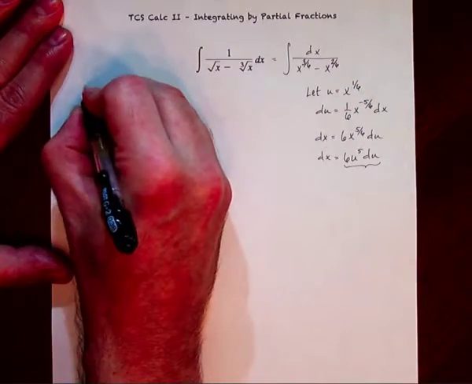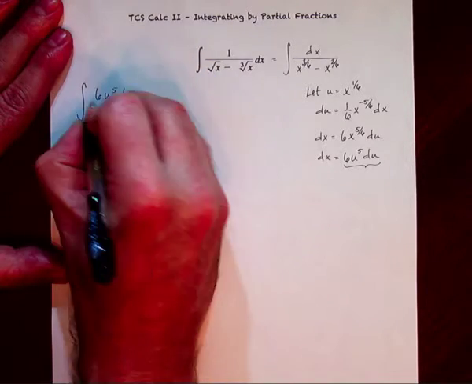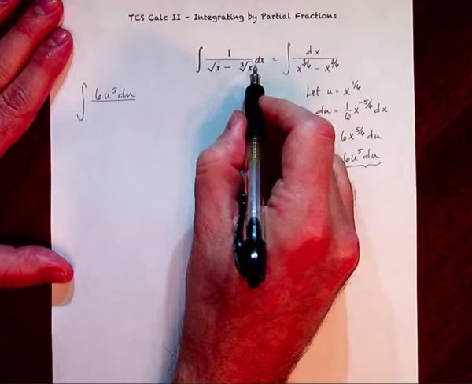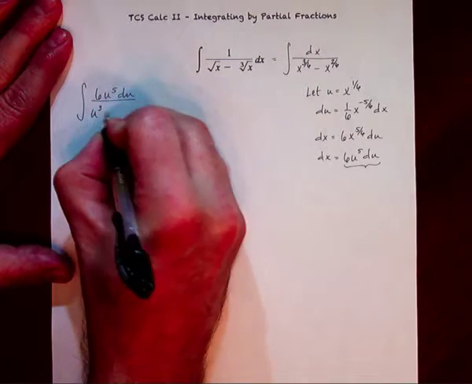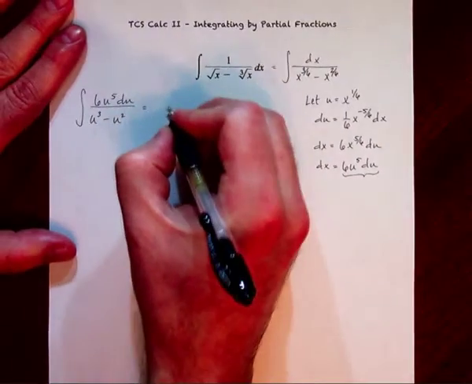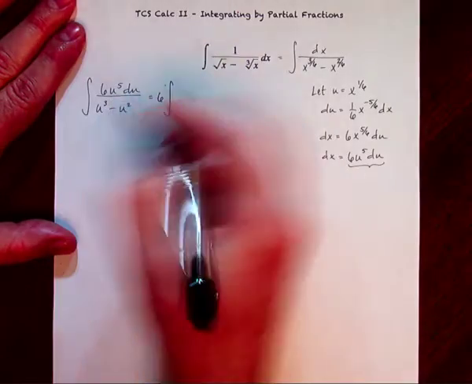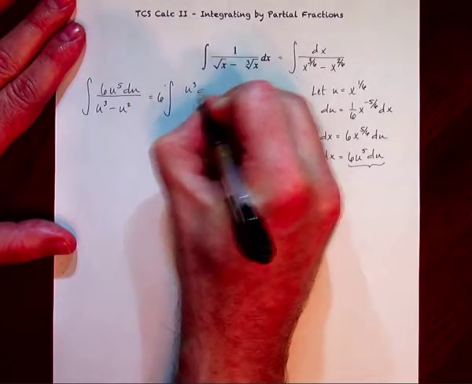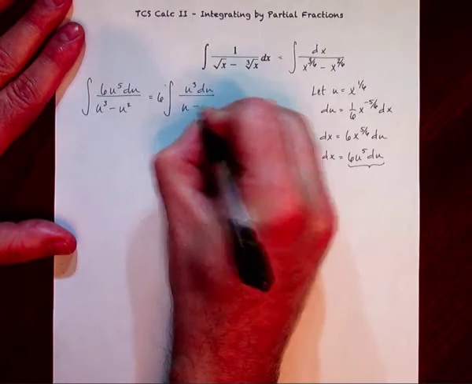So I wind up rewriting it as 6u to the 5th du, because that's my dx, oddly enough. And I wind up getting u cubed minus u squared. Now, thankfully, this actually reduces a little bit, right? Let's pull the 6 out in front, and this becomes u cubed du over u minus 1.